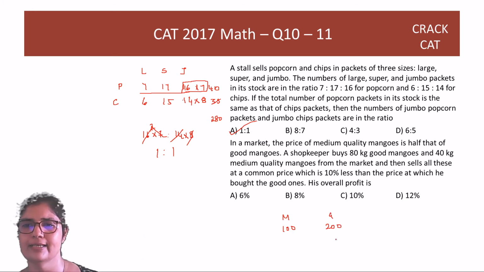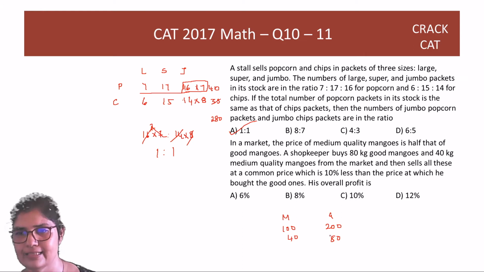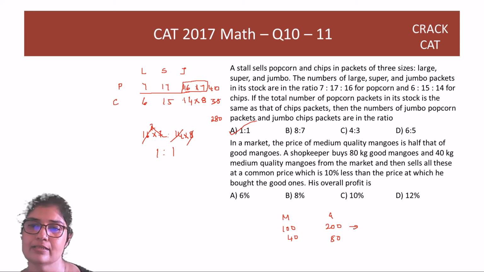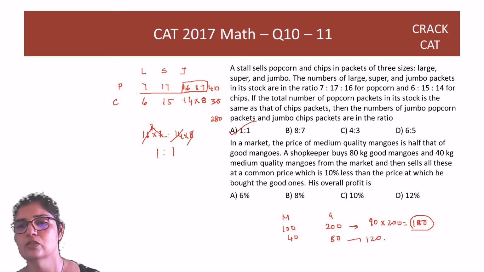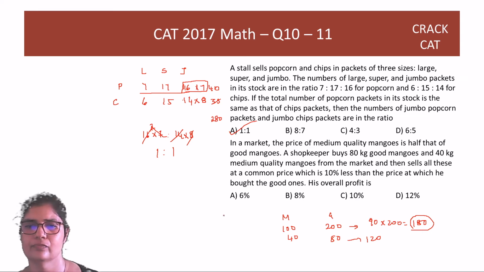A shopkeeper buys 80 kilos of good mangoes and 40 kilos of medium mangoes, and then sells all of this at a common price which is 10% less than the good price. Good price is 200, 10% less means 90% of 200, which is 180. So on 180, how many kilos do you have in total? 120 kilos. So you will sell 120 kilos at 180. So your selling price will be 21600.